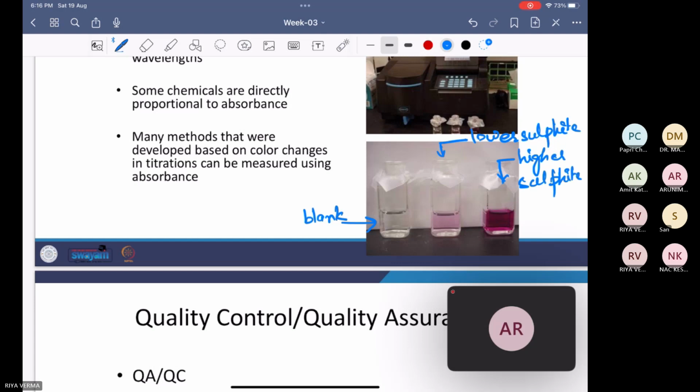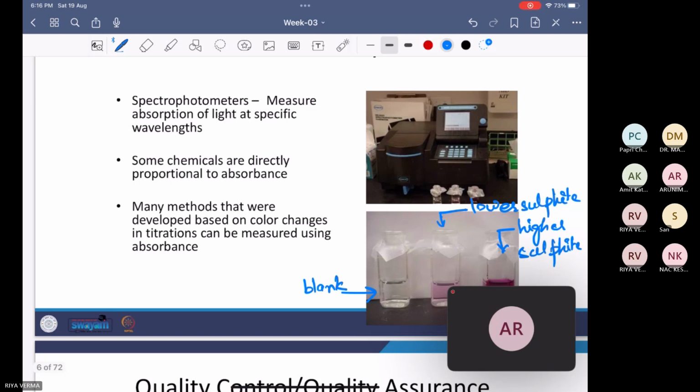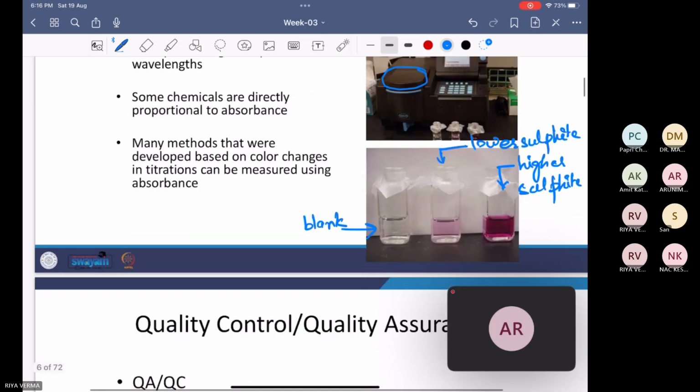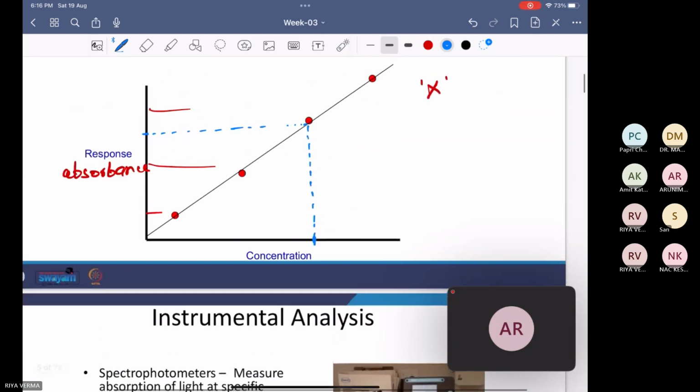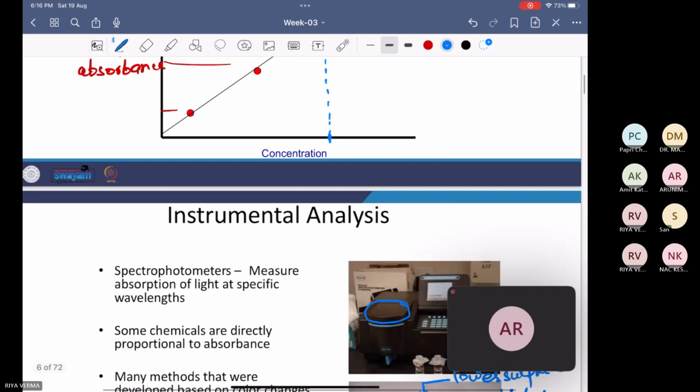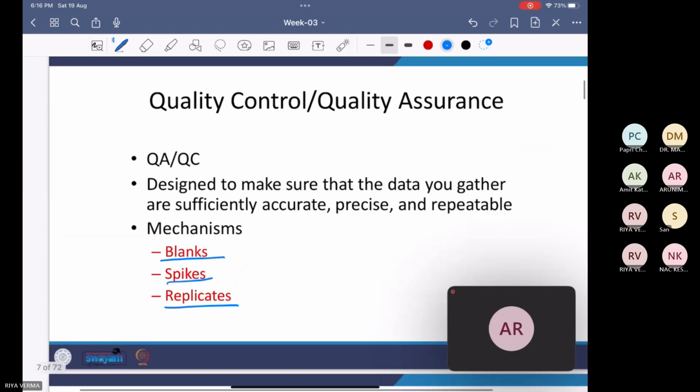These samples we pour into small cuvettes, and this is the place where we open the spectrophotometer, place that cuvette inside it, and check the absorbance at a predefined wavelength, and then we make this type of calibration curve. So that is how a spectrophotometer works.